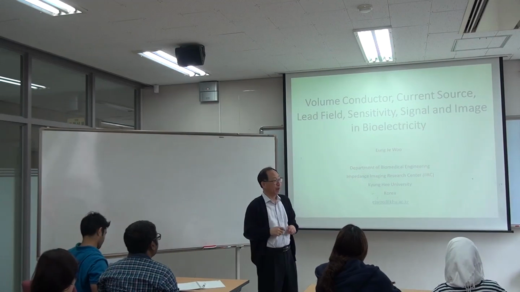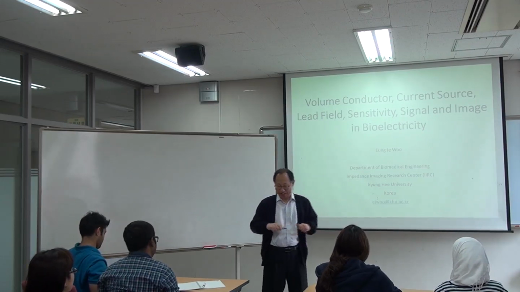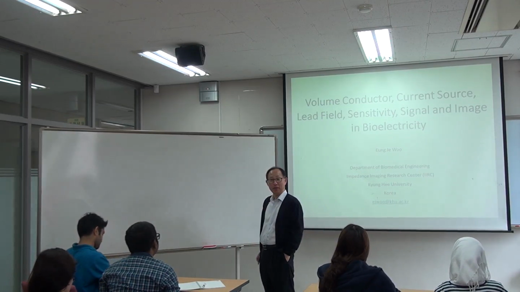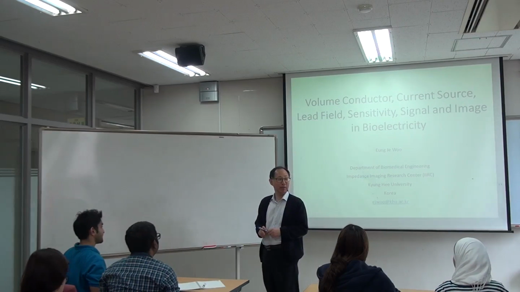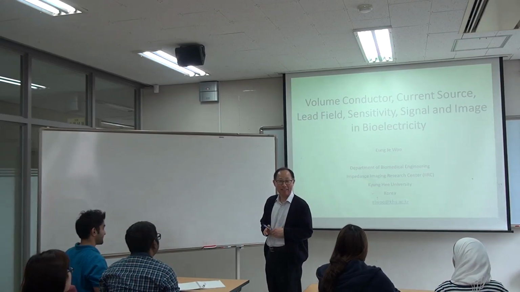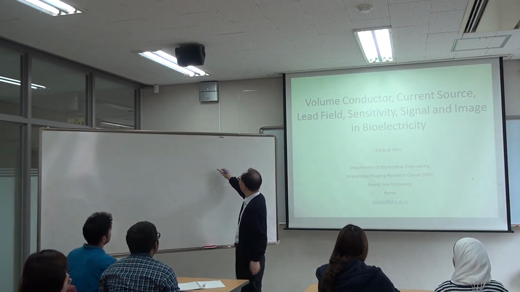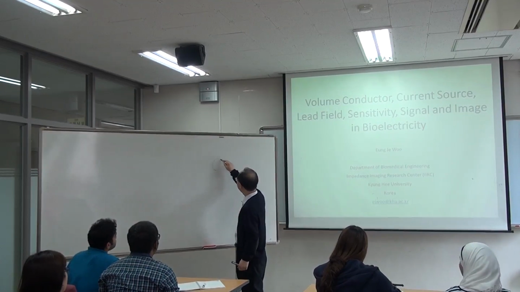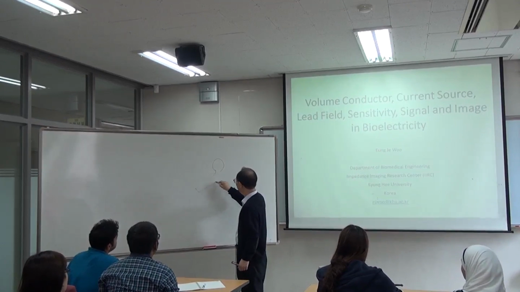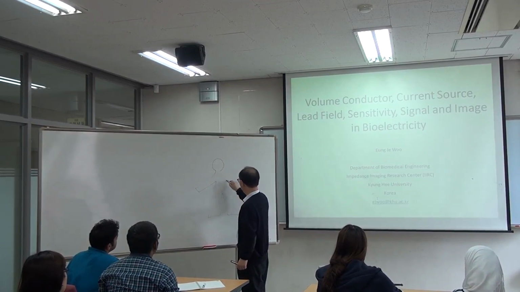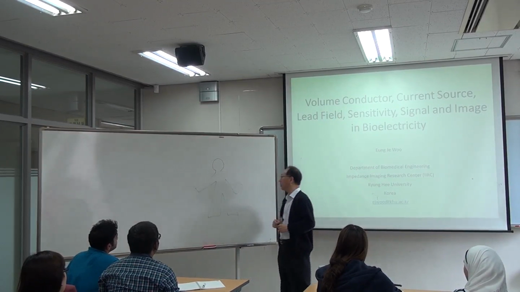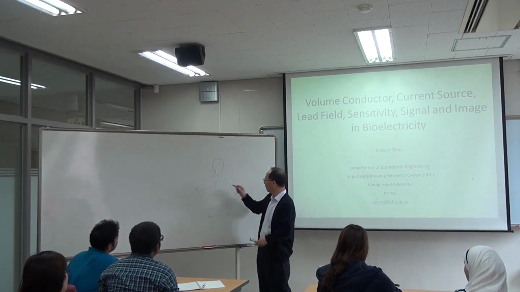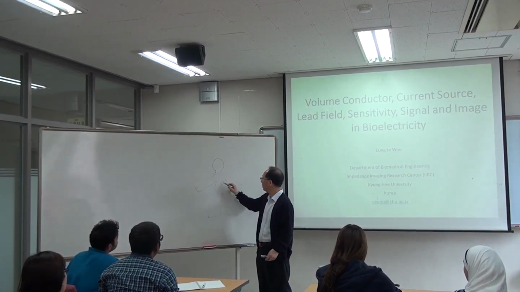I'm going to start by asking questions. I think somebody in the class is developing a mobile health device. So this is the body. This person has two arms, two legs, and a heart right here.